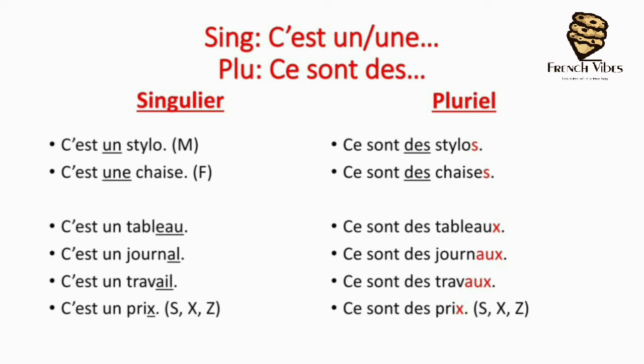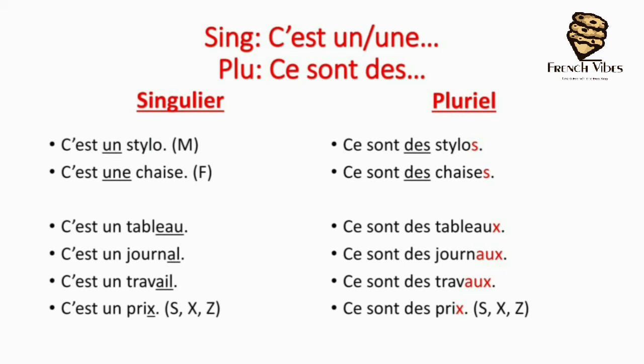Let's see another example. C'est une chaise, which means it is a chair. It will become ce sont des chaises. Now here une became des, just like un became des in the earlier example.